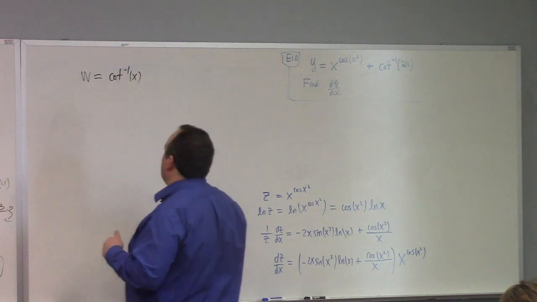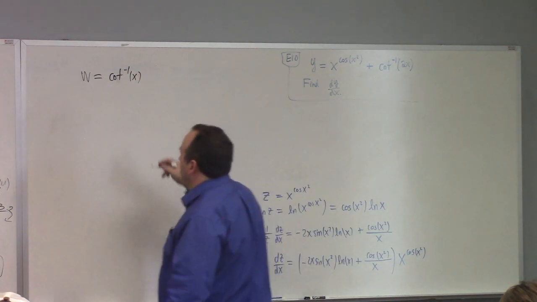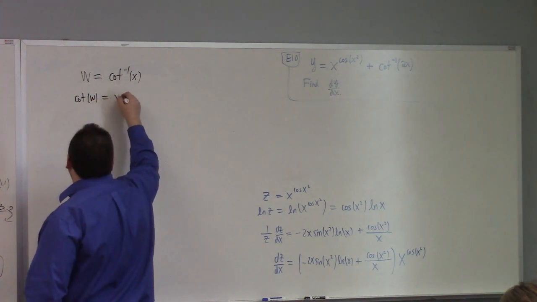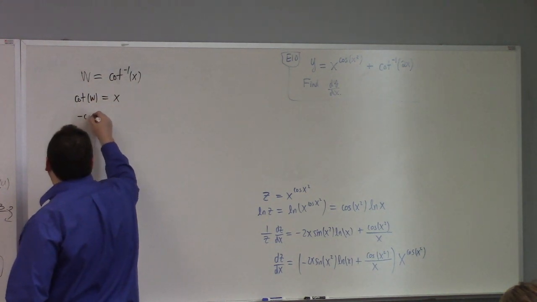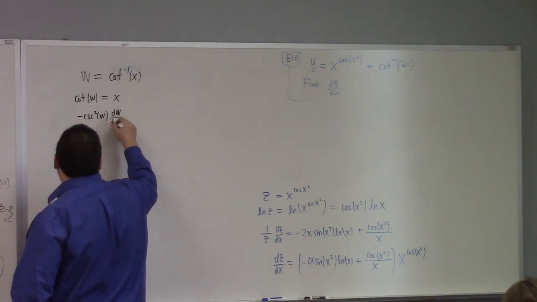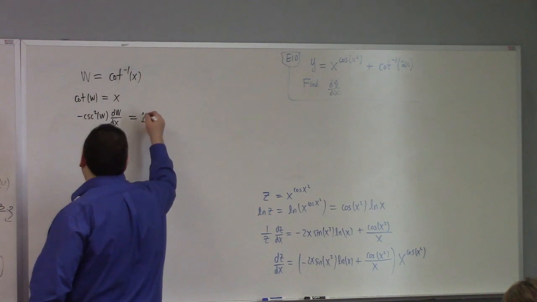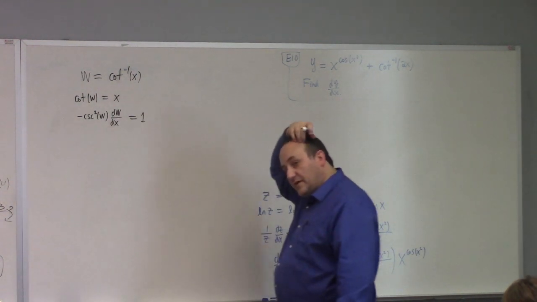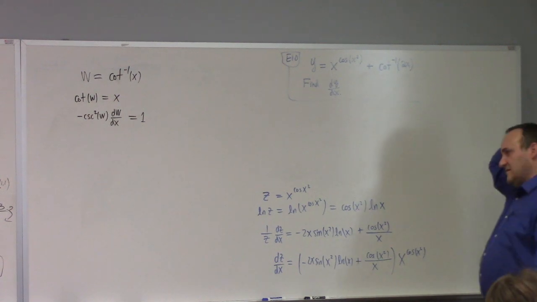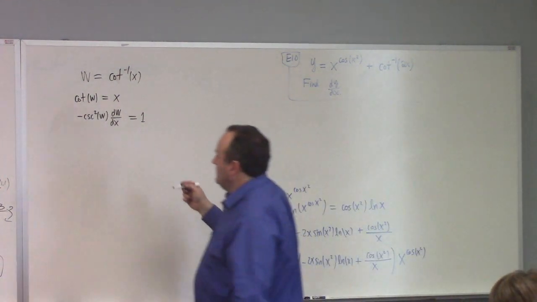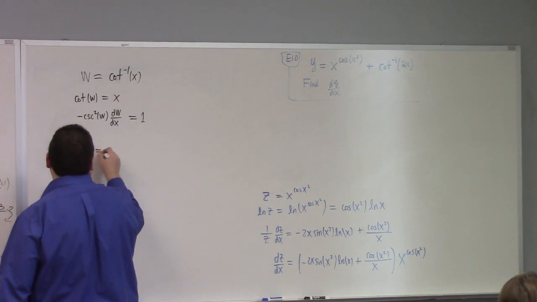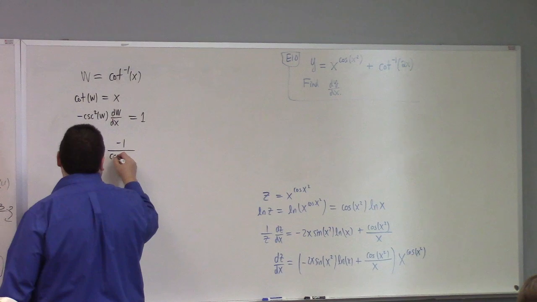Then that means cotangent of W is equal to x, which tells me that minus cosecant squared of W times dw dx is equal to 1, where I'm differentiating implicitly. The derivative of cotangent is minus cosecant squared. I think we did that another day. I could be wrong. Now that gives me that dw dx is equal to minus 1 over cosecant squared W.